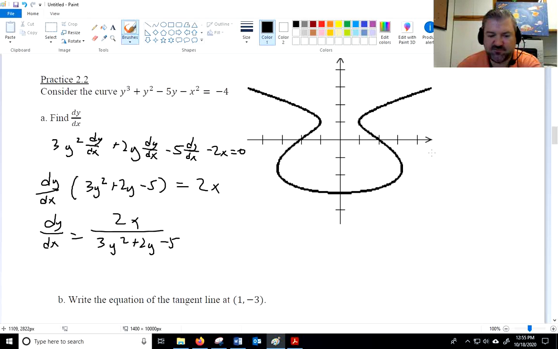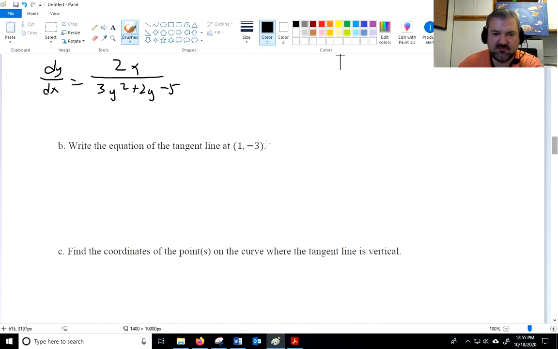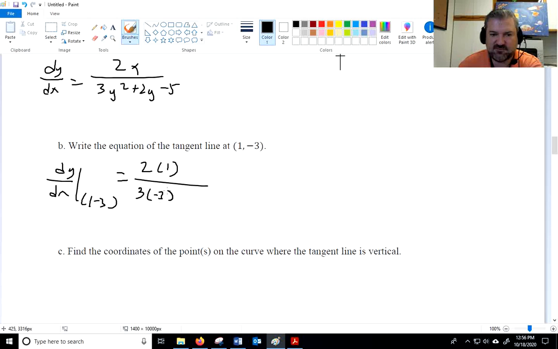We're going to write the equation for the tangent line at (1, negative 3). So that's going to be something kind of flattish. But we can do that, right? So we'll just find dy dx at (1, negative 3). So this becomes 2 times 1 over 3 times negative 3 squared plus 2 times negative 3 minus 5.